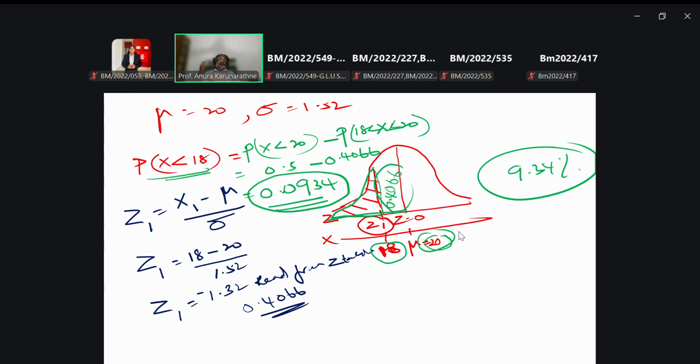What is the chance for completing this project below 18 weeks? Actually, we have a very rare chance. We have only 9.34% chance to complete that project below 18 weeks.